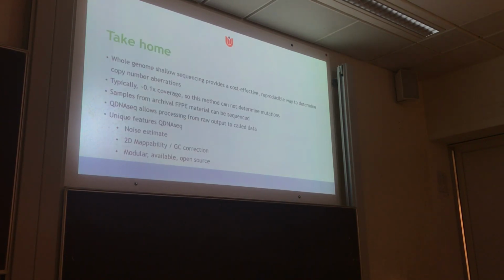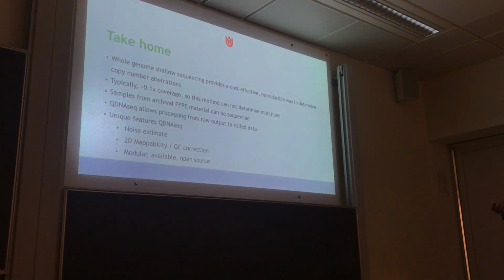So, take-home messages. Whole genome sequencing is very cost effective. We've now done 100 genomes at low coverage for €100 a piece, and that's because we only get the copy number, so you need less coverage. We can use archival FFPE material with this method.